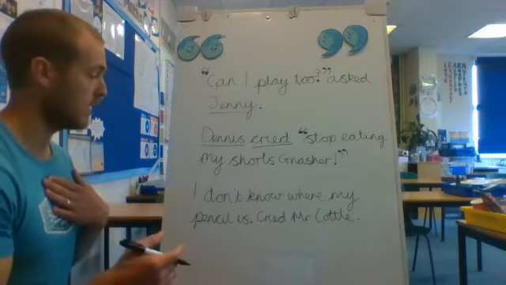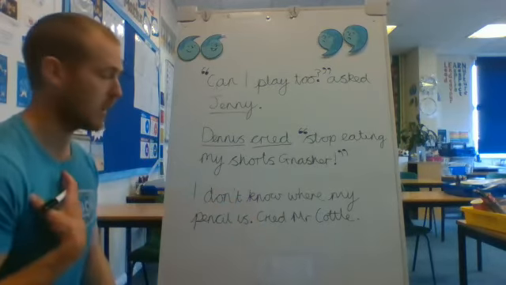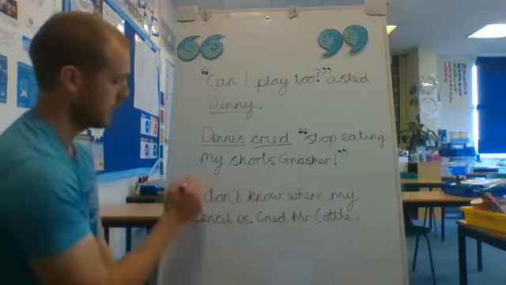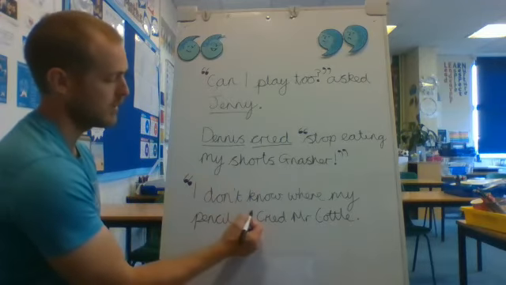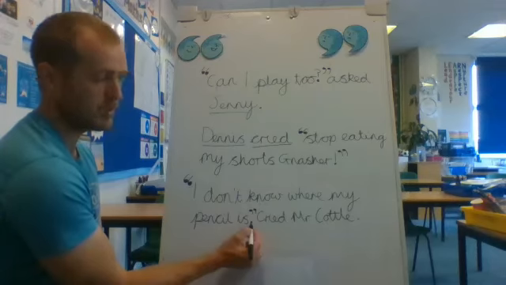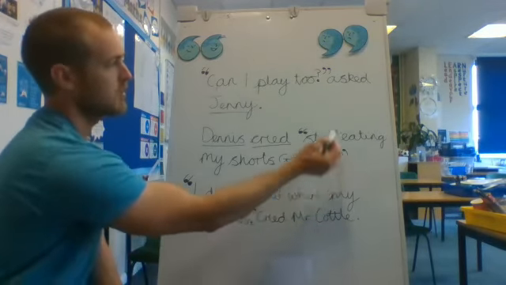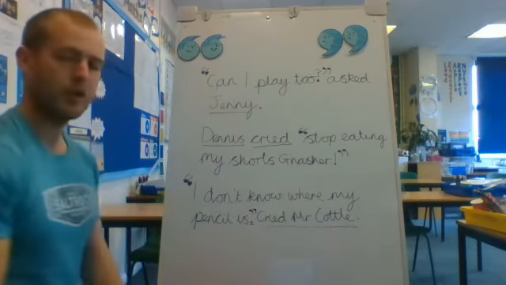And I would say, I don't know where my pencil is. That is the bit that I would say. This just tells the reader who said it. So, 66 goes here, and 99 goes at the end. But it's really important that our punctuation is inside the speech marks. Okay? So, hopefully, you got those right.